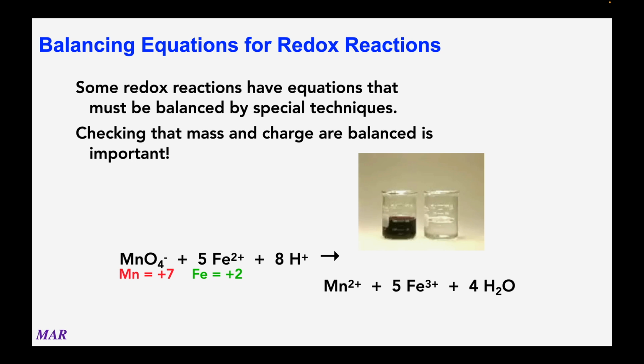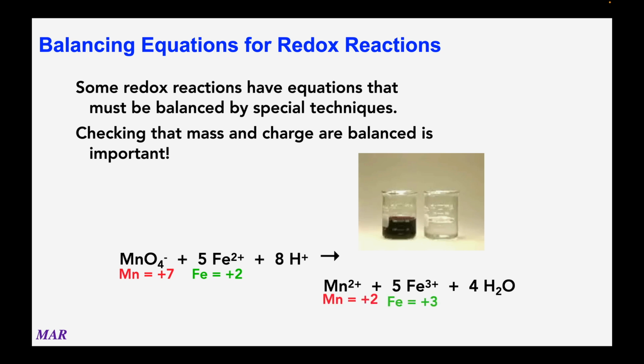So oxygen's usually -2, -2 times 4 is -8, and -8 from the oxygen plus manganese equals -1. So when you do the quick math, that's manganese +7 in permanganate. And we can use this +7 to confirm that this is a redox reaction. So remember, something has to not only lose electrons, but something has to gain electrons.